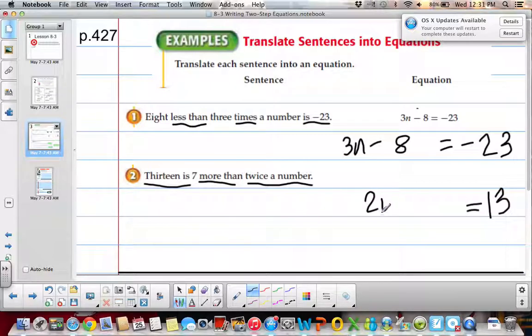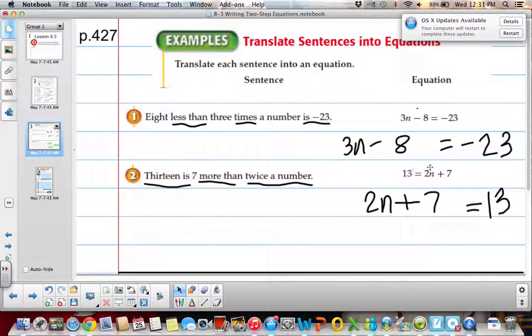Twice a number is 2 times n, and then it's 7 more than that. So more than means addition. 2n plus 7 equals 13. And we wrote it the other way around. I like to have my expression on the left side and then my answer on the right side, but it doesn't matter how we write it.